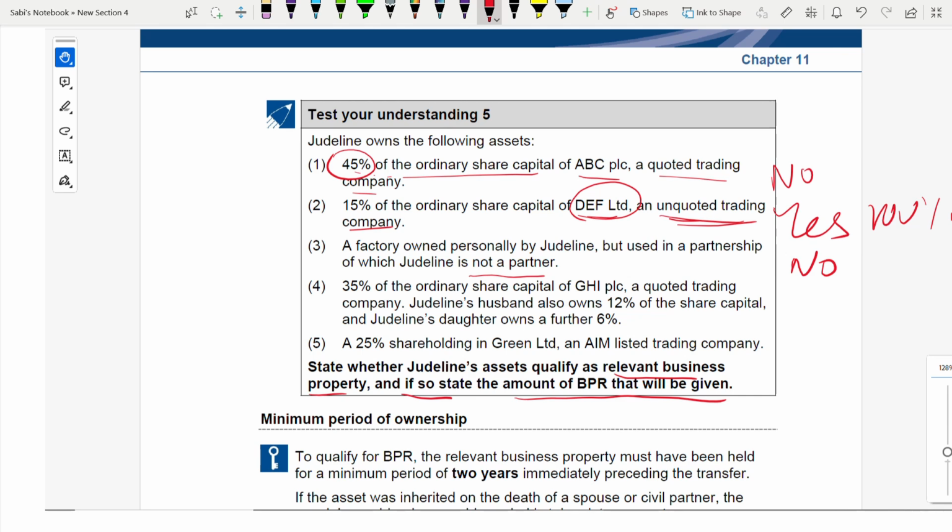Fourth, 35% in GIH PLC, a quoted trading company. Husband also owns 12%. Daughter owns a further 6%. Remember, for related property, you can only take the husband. So 35 plus 12 will not give him 50%. No control. And this is a quoted company.